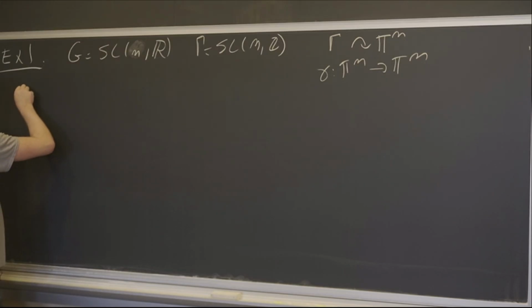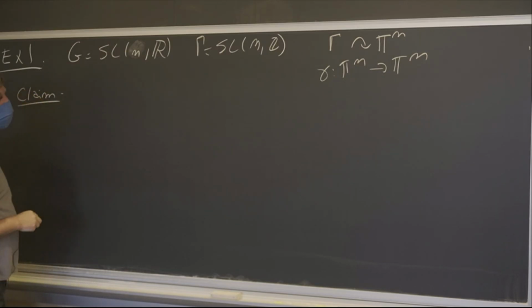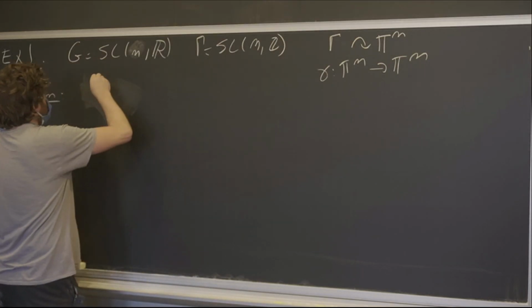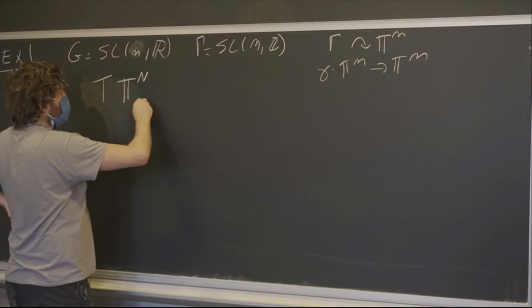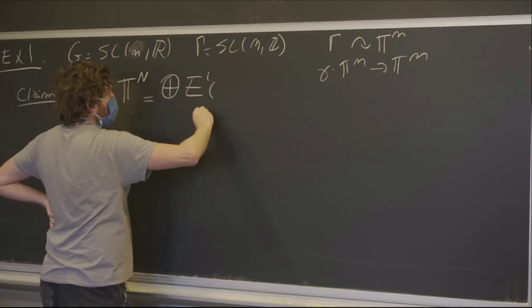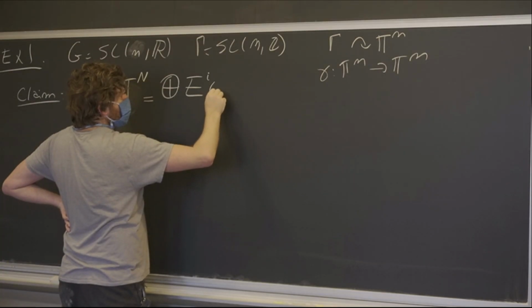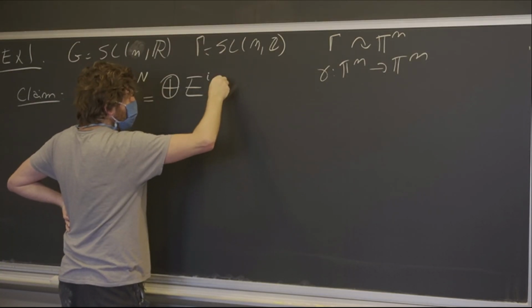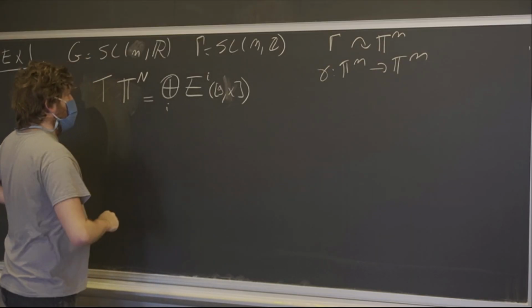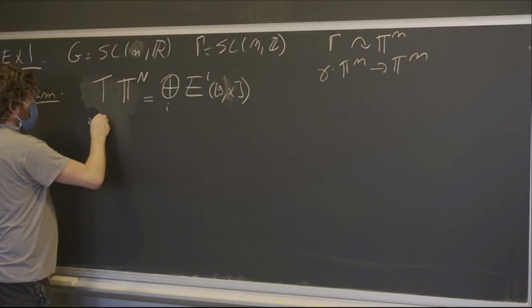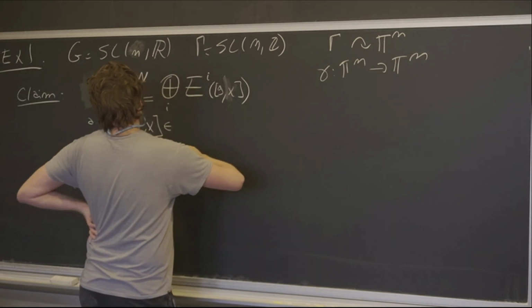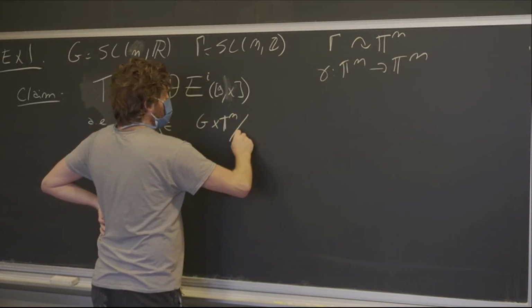And the claim is that the fiber guys, which correspond to the tangent to Tn, are the sum over i of E_i, for almost every pair (G, x) in G times Tn mod relation.